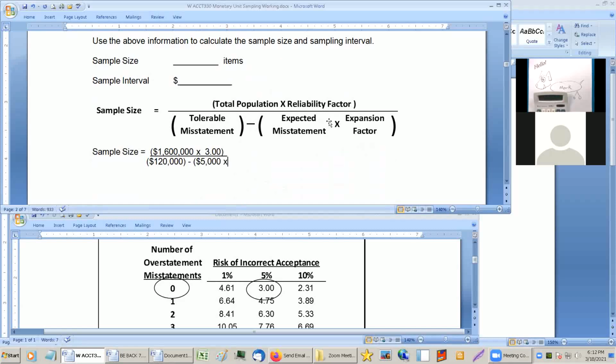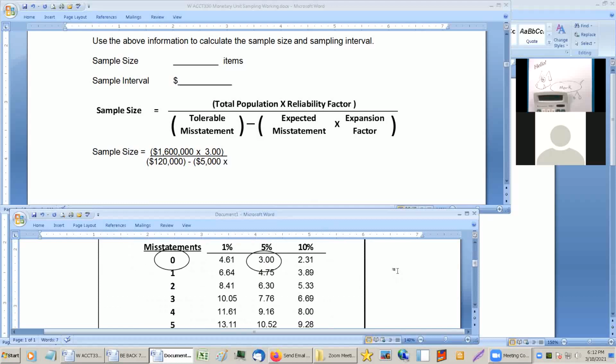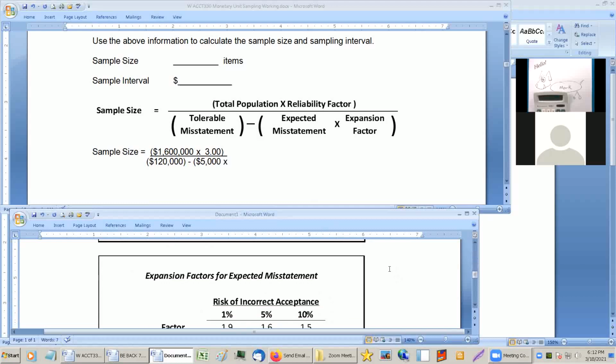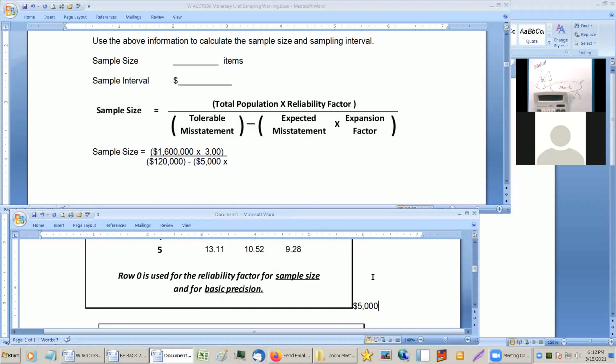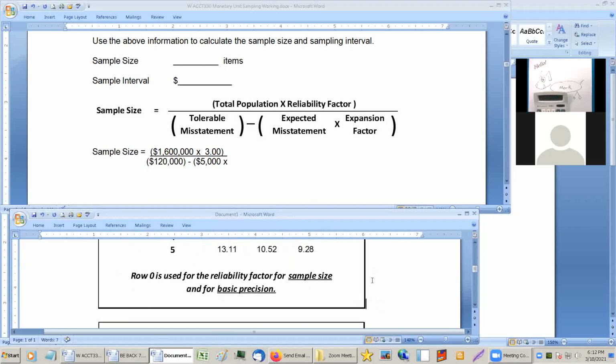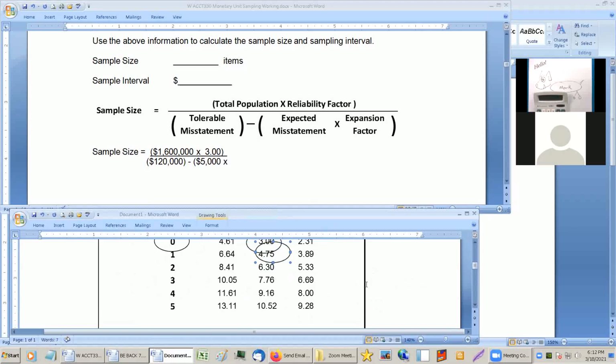5,000 times an expansion factor. So the reliability factor is on the top. That's this one. If you go to the table underneath it, wait a minute. I think I can do it. I need this.